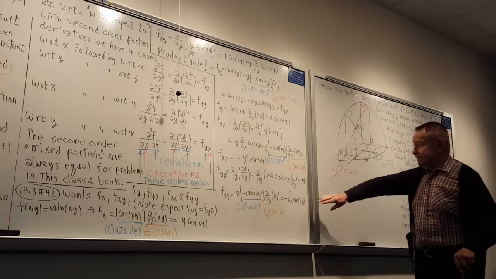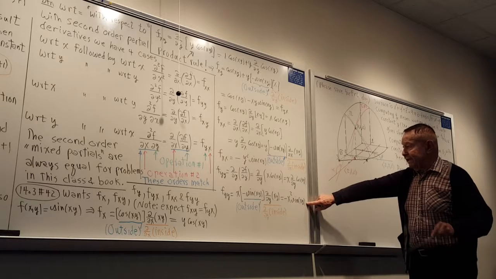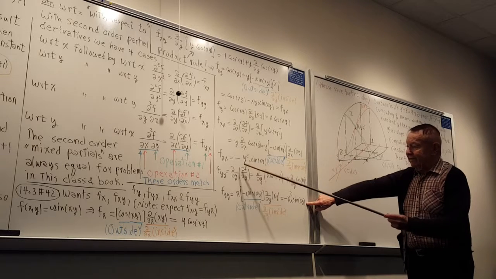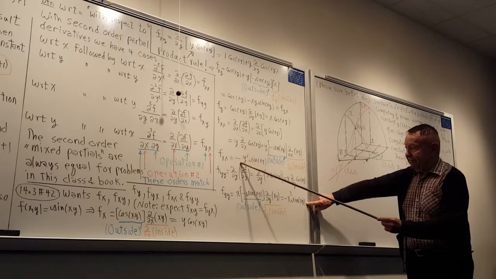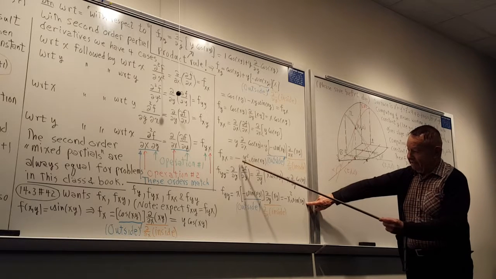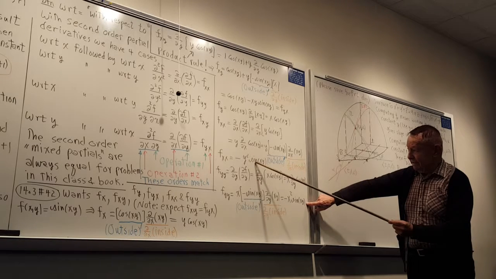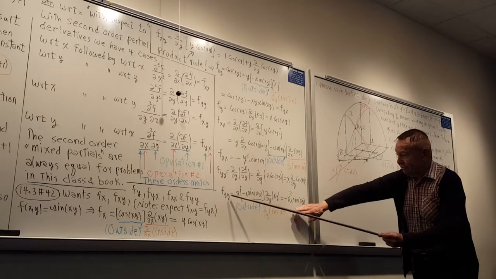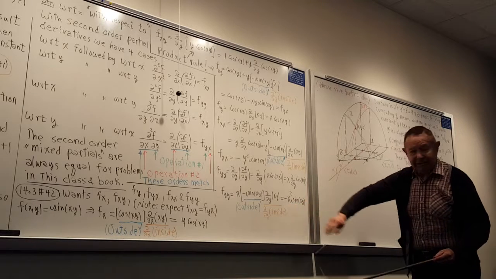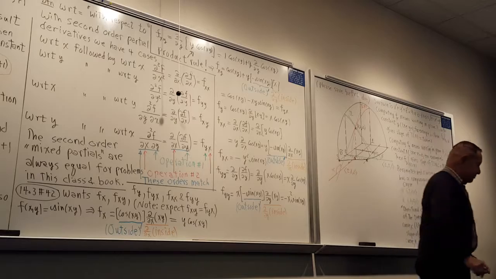So you notice that the second partials are somewhat similar, but they're not the same. The second partial with x is minus y squared sine, and the second partial with y is minus x squared sine.